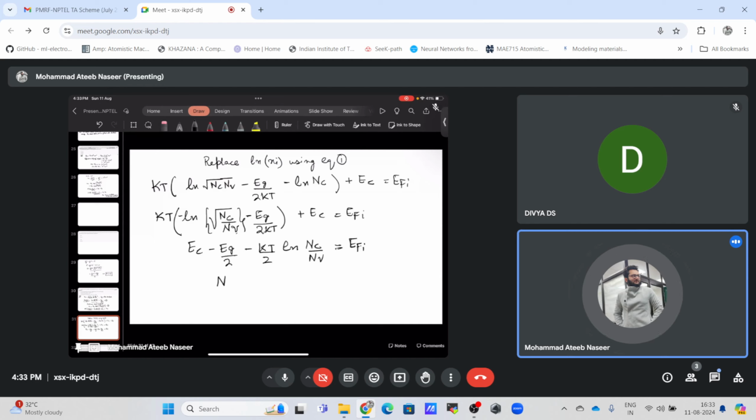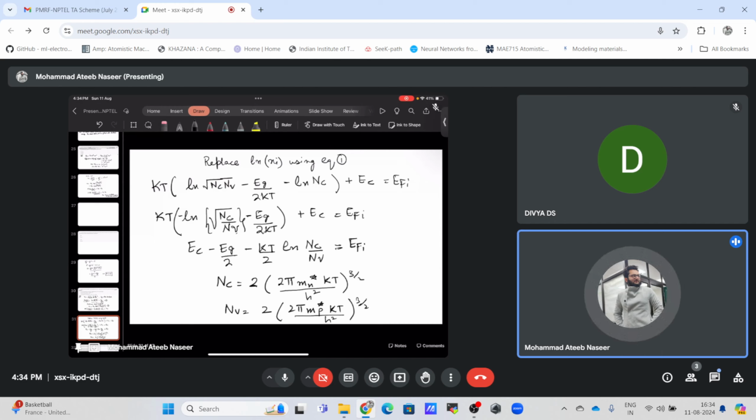Now this Nc is the effective density of states, which the professor taught us, and for a 3D material it came out to be 2 times (2 pi mn star kT by h square) to the power 3 by 2, and Nv was 2 times (2 pi mp star kT by h square) to the power 3 by 2.